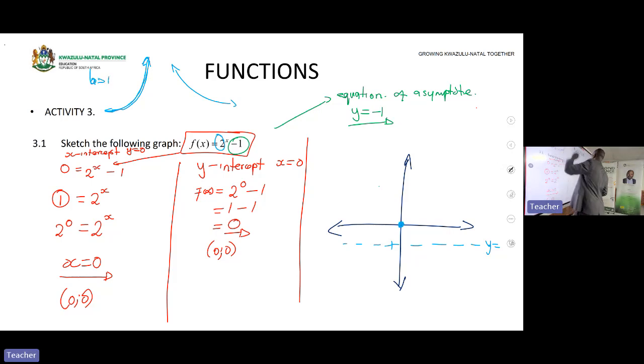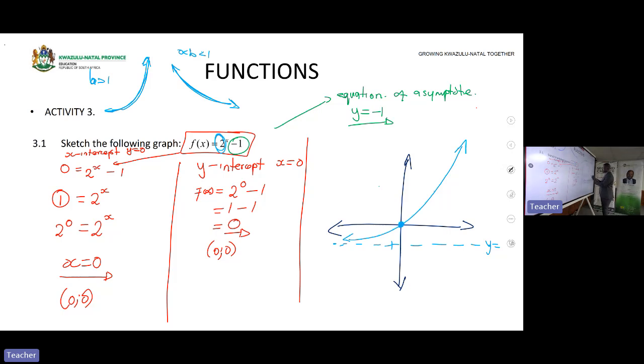So it will be an increasing function. But if our b is between 0 and 1, then our graph should decrease. But in this case, our b is 2. So our graph is going to increase, and it must not touch the asymptote. Then that's how you are going to sketch our graph.